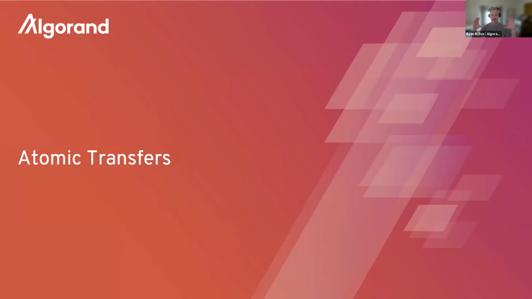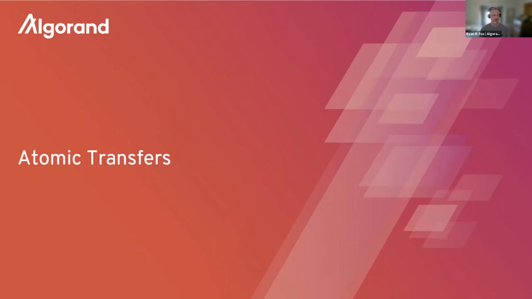The network receives those, and it evaluates them in order. If any one of them fails along there, all of them will fail. If they all succeed, all of those state changes, balance transfers, all of that will be committed, and all of those transactions will have been successful. So that's what atomic transfers is.